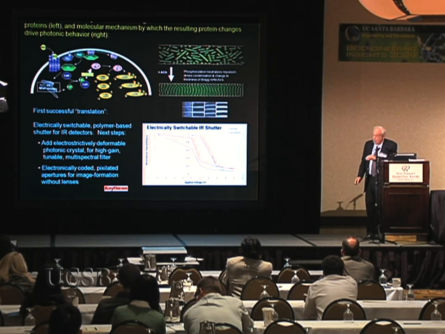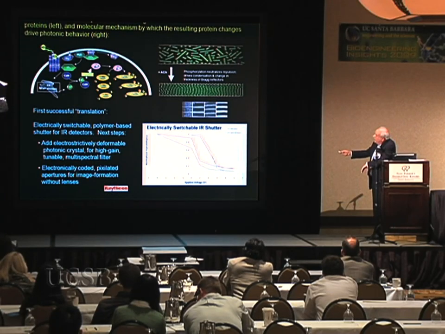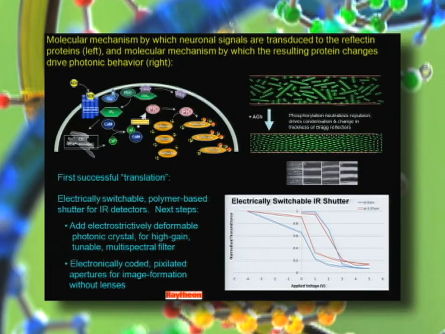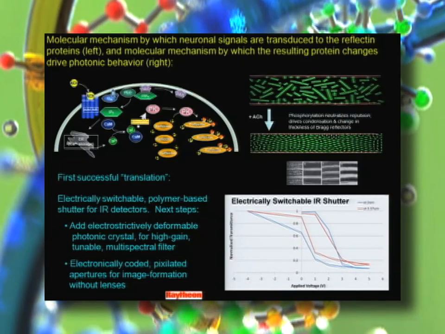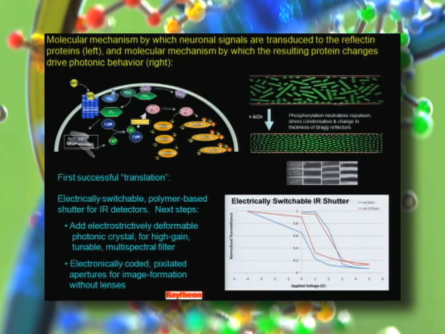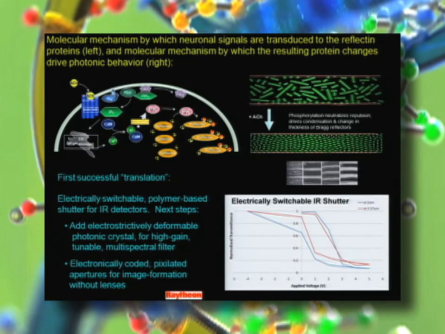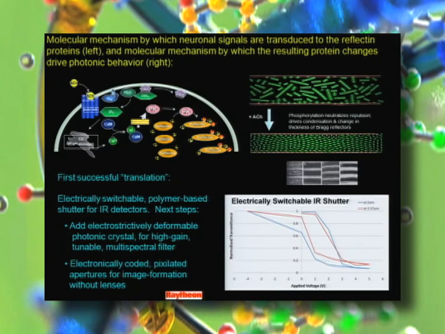In a nutshell, we discovered the molecular cascade that has been referred to in the symposium before, in which the neurotransmitter activates a signal transduction cascade, culminating in the activation of a protein kinase that adds phosphate groups to these reflectins.